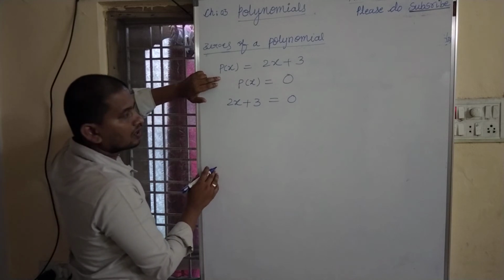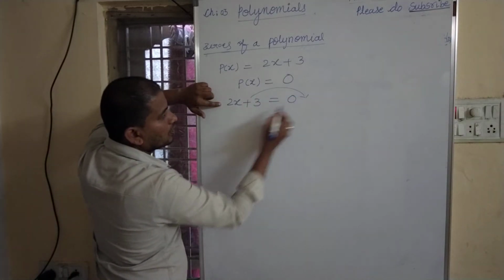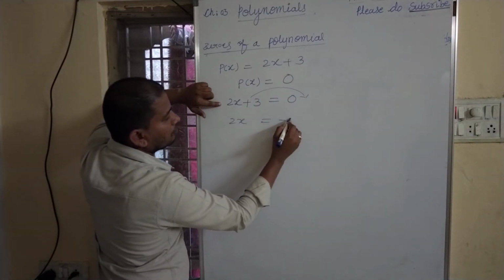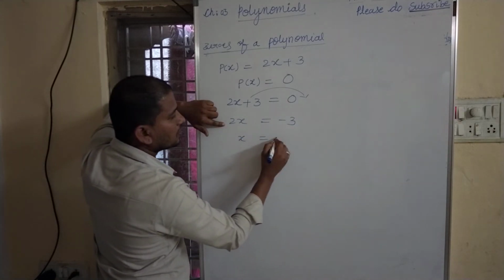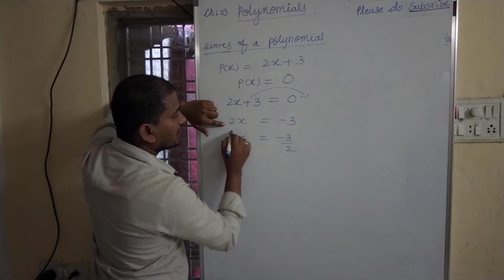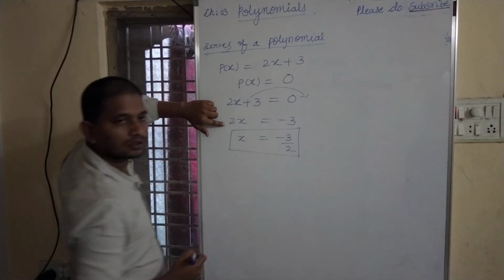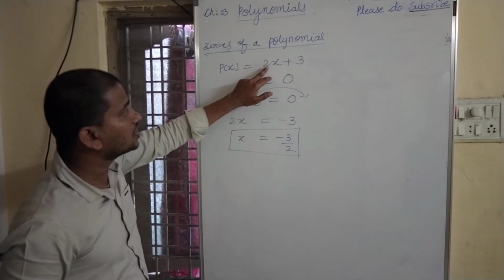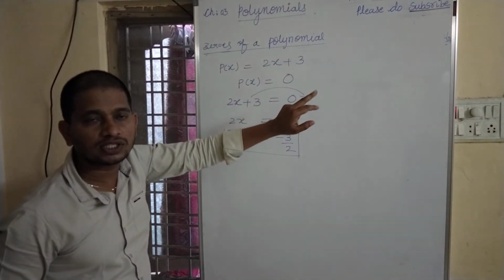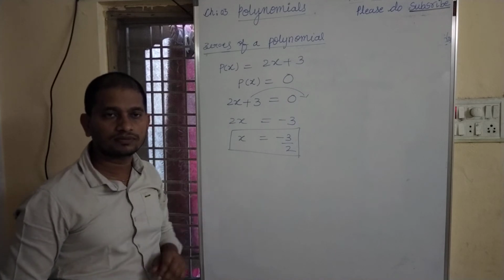This plus 3 you transpose, so 2x equal to minus 3, and x is equal to minus 3 by 2.